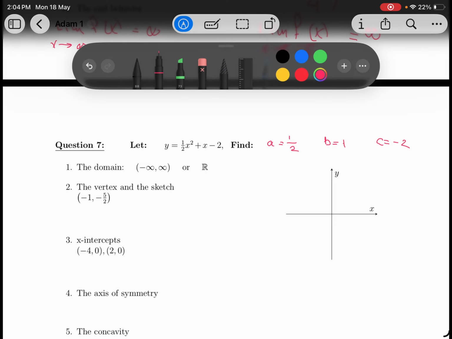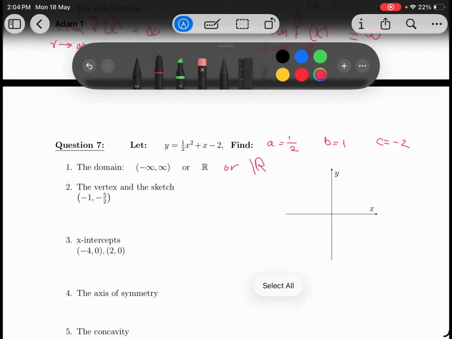So the easiest part is the domain, which is minus infinity to infinity, this fancy R, or I like to add this R for the ones with bad handwriting like me.